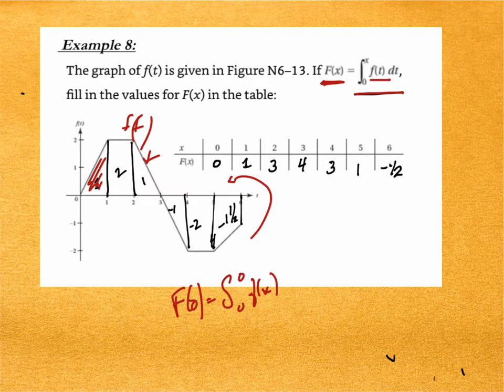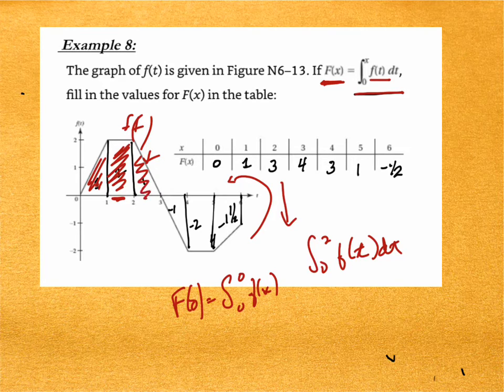And so what you're doing is you're adding up. So at 1, you would have an area of 1. And then let's go to 2. The integral from 0 to 2 of f of t dt is how much area I have all the way till 2, which is 1 plus the additional 2. So you get 3. And then when I get to 3, I've added 1 more, so 3 plus 1.